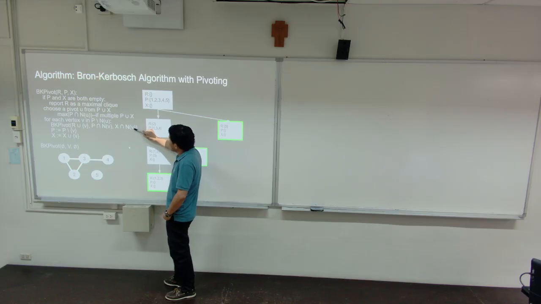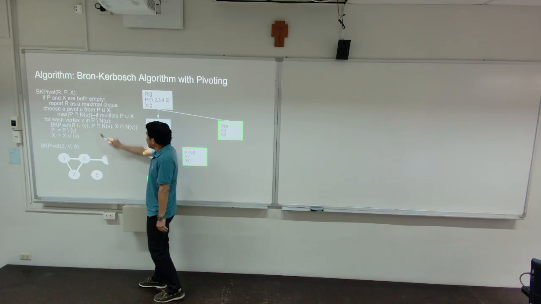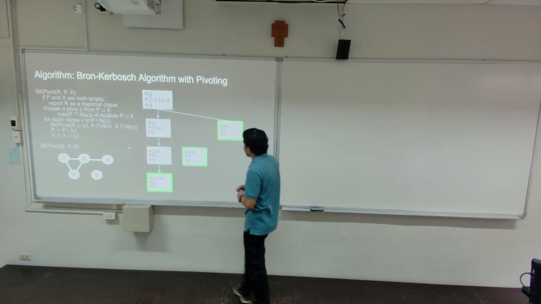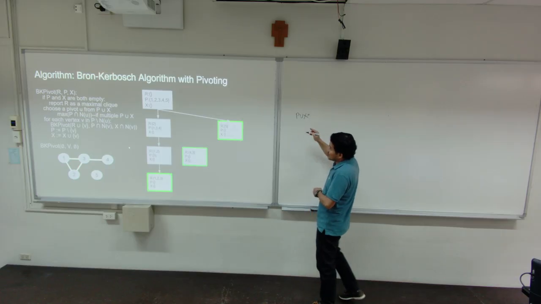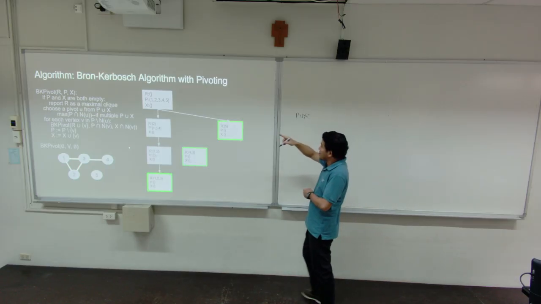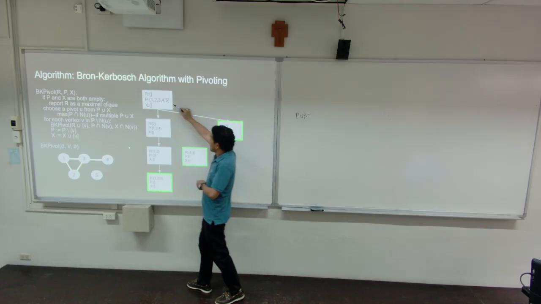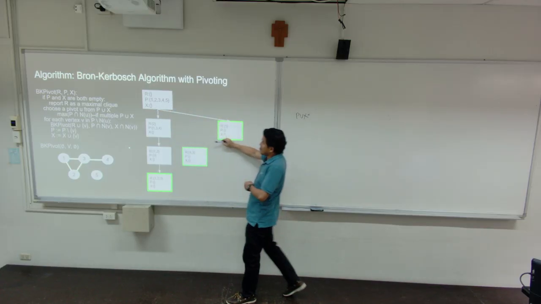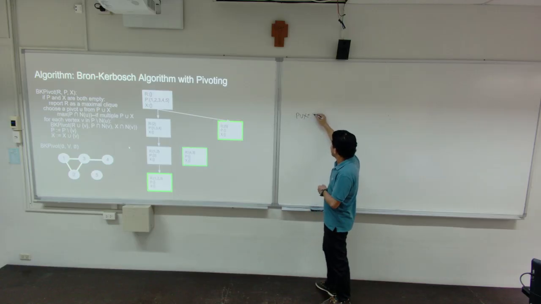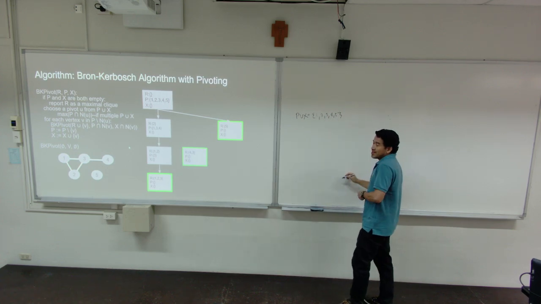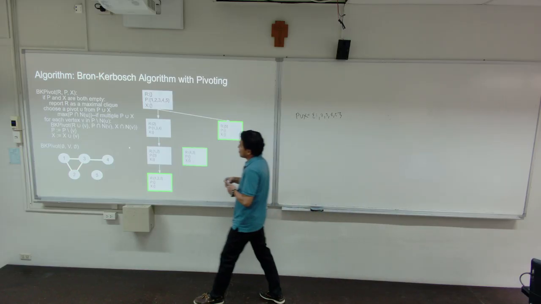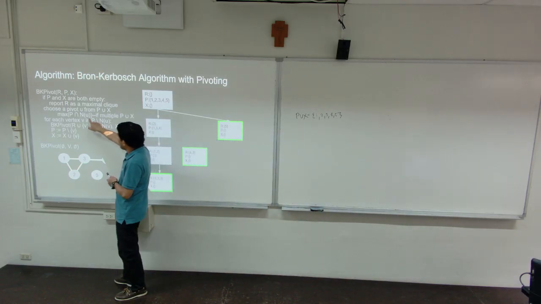So next is this statement. You're going to choose a pivot. So you're going to union P and X. Since P is 1, 2, 3, 4, 5, union this with X will result to the same thing, 1, 2, 3, 4, and 5. Next statement, you now have a value of u.